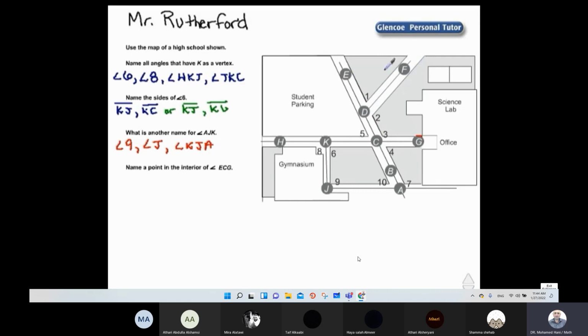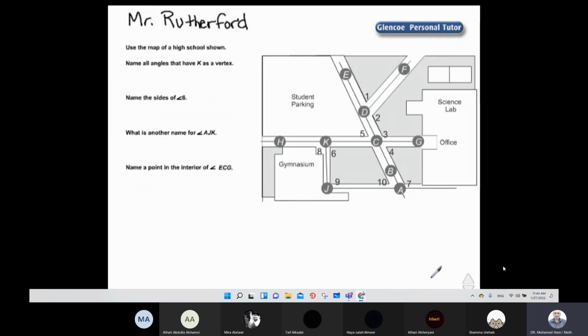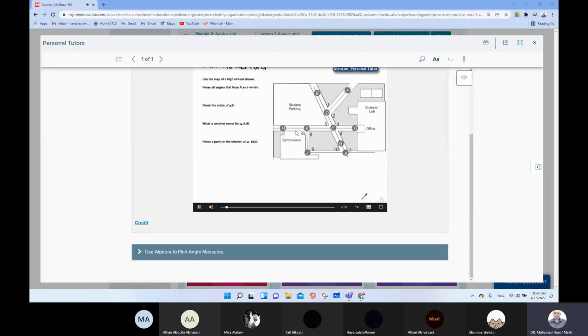Notice that the only point that's up in this area, on the interior of angle ECG, is point F. Hi, this is Mr. Rutherford. In this problem, we will learn about angles and their parts. Use the map of a high school shown. Name all angles.